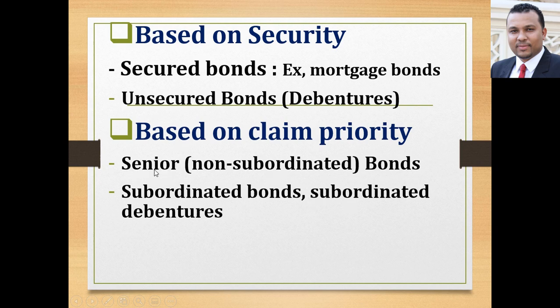In case of senior bonds, the holders have priority in getting paid if the issuing company is liquidated. In case of liquidation of the corporate, the senior bondholders get the first priority in being paid the face value of the bonds.